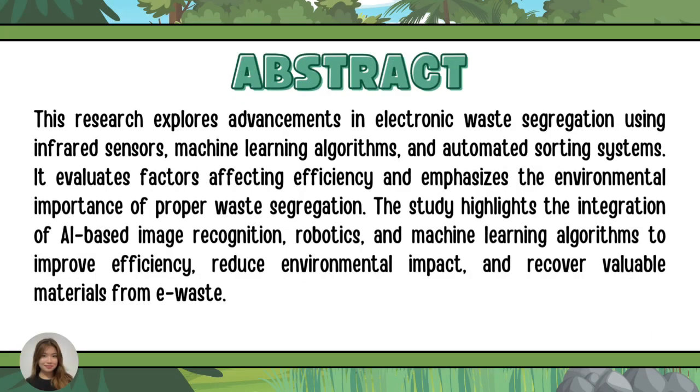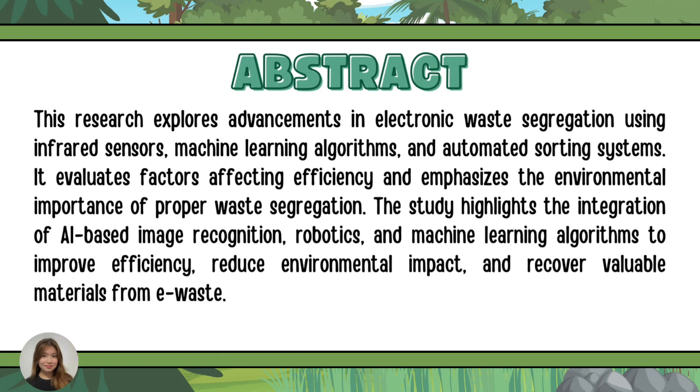As electronic waste continues to burgeon, effective management strategies are imperative to mitigate environmental impacts and promote sustainable practices. This research explores the advancement in electronic trash segregation, focusing on innovative technologies such as infrared sensors, machine learning algorithms, and automated sorting systems. The study evaluates the variables influencing segregation efficiency, including material types, size, and hazardous components.